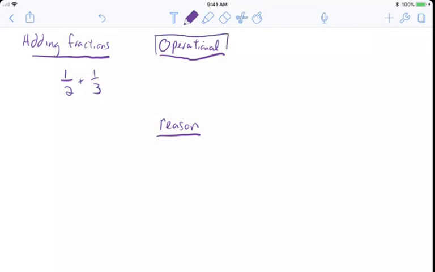By operational, I mean, what's the algebra? And you've learned that you can't add these together easily because their denominators don't match. The denominators don't match, so you're going to have a hard time adding them.